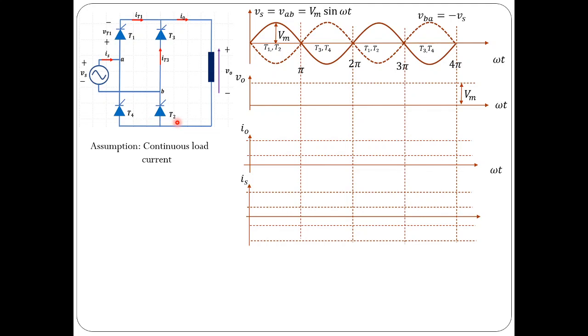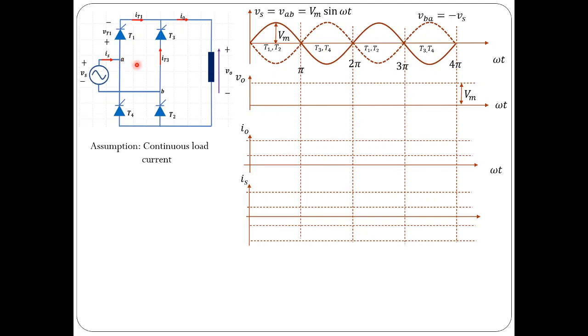Similarly, between T2 and T4 during the positive half cycle, B is having more negative voltage compared to A, so T2 would be forward biased naturally. Similarly, in the negative half cycle, VAB is negative or VBA is positive, so voltage at B is more than voltage at A during the negative half cycle.